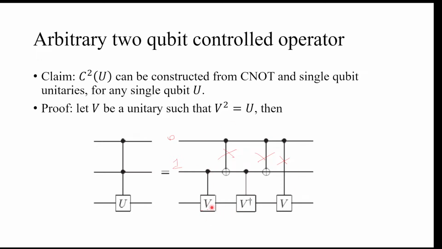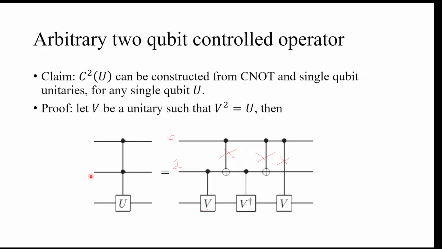So we have control V and the C0, then control V dagger. So V is a unitary, so V dagger is actually the inverse of V. And then you also have another C0 and control V. Okay. And to show that this works out, basically you need to check this thing does the correct thing on all 4 possible values of the first 2 qubits.